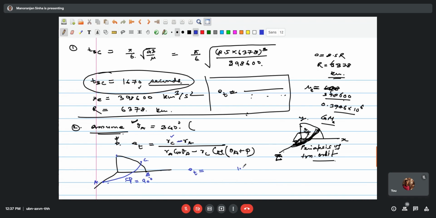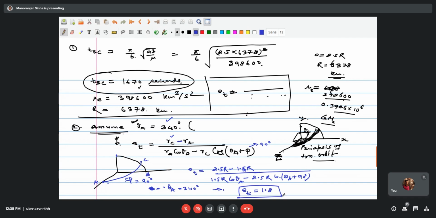RA is 1.5 R, RC is 2.5 R. RR will cancel out, and once you insert the value of theta here, with phi already inserted as 90 degrees and the theta A assumed value 340 degrees, we will get Vt equal to 1.8. So this is a hyperbolic transfer orbit.